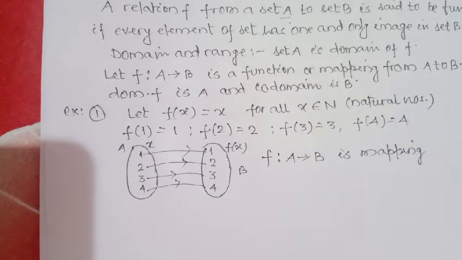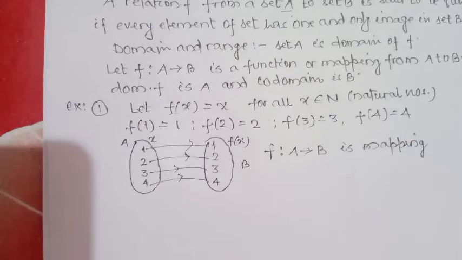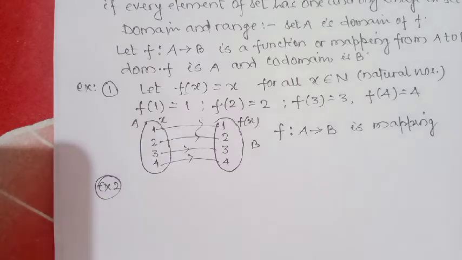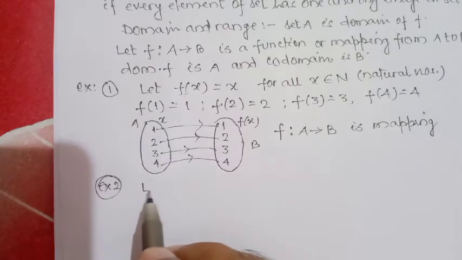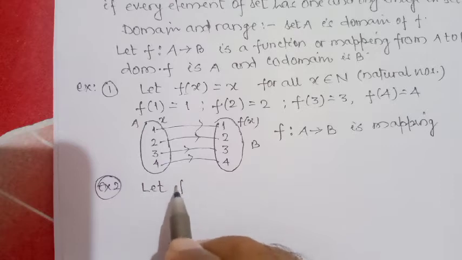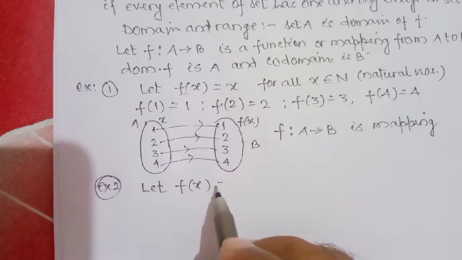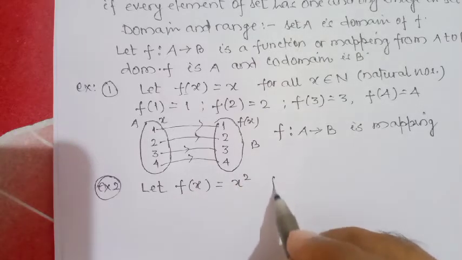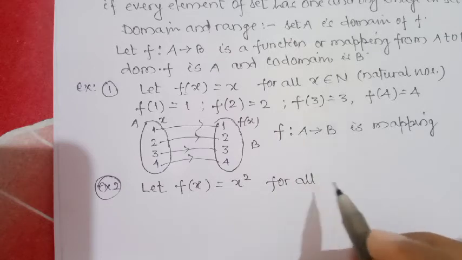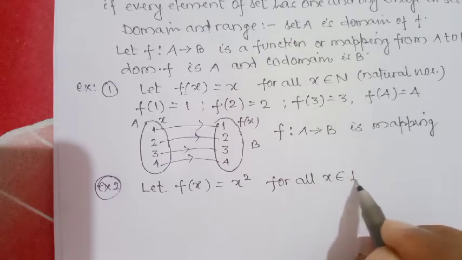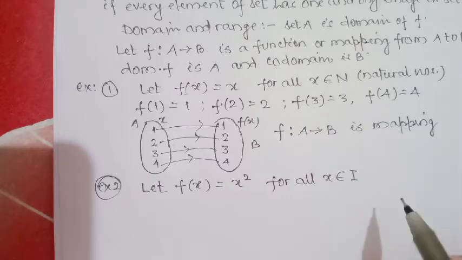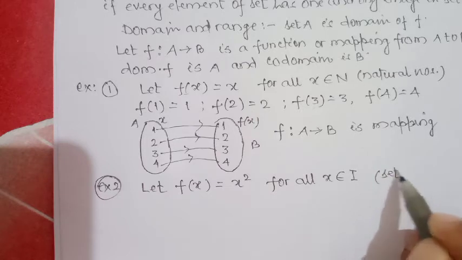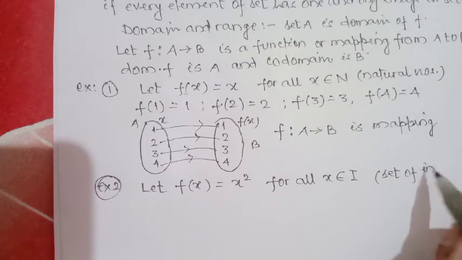Now consider another example. Let f(x) equal x square for all x belongs to I, where I means the set of integers.